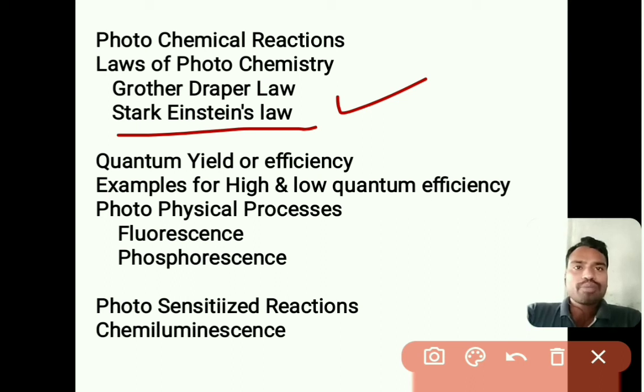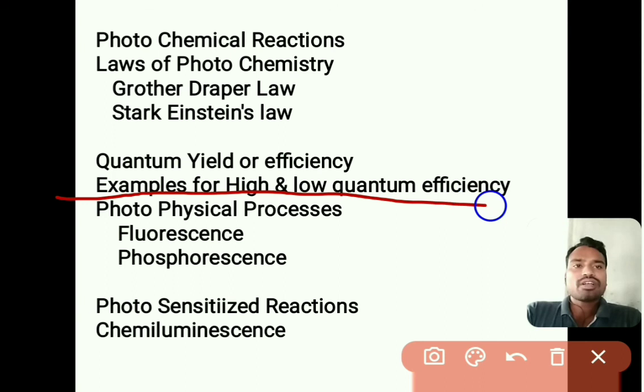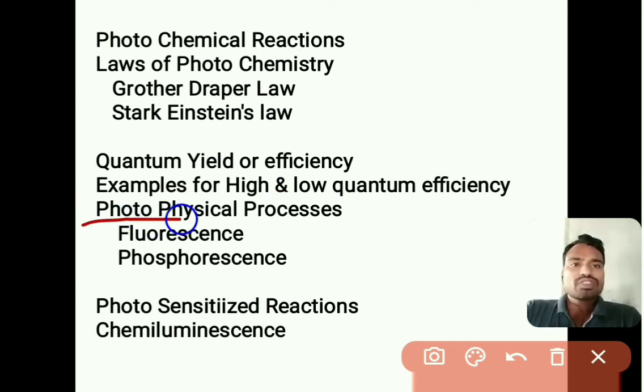After that, based on these two, quantum yield or quantum efficiency. What is quantum yield? How to calculate the quantum efficiency, examples of high quantum efficiency reactions and low quantum efficiency reactions, and the reasons for high and low quantum yield. After that, photophysical processes through the Jablonski diagram. In that, fluorescence, what fluorescence is, and examples of fluorescent materials.